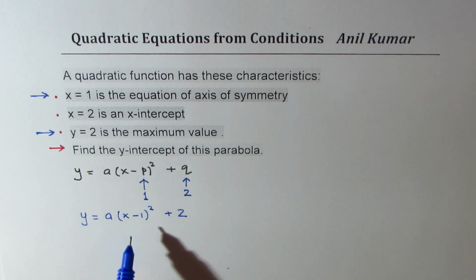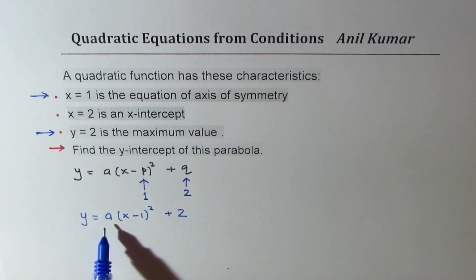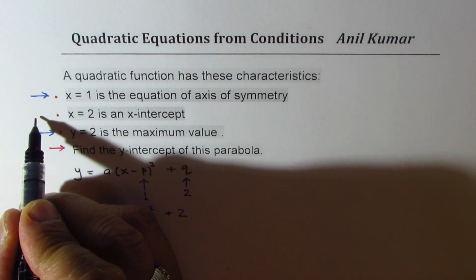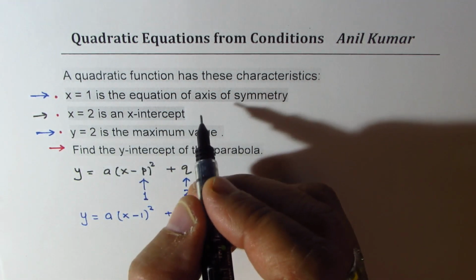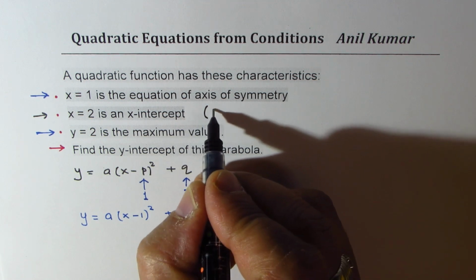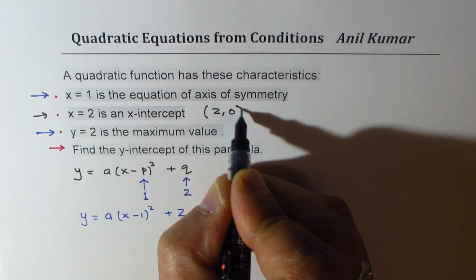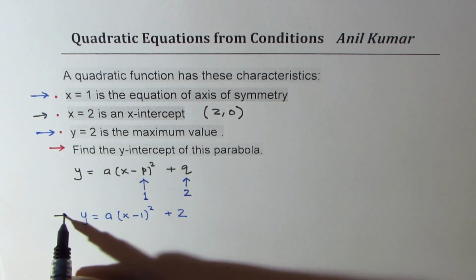So we got an equation where a is unknown. How do we find a? To find a, we are going to use this condition, which is x equals 2 is an x-intercept. X-intercept means that the point is (2, 0). So I'm going to substitute this point here.